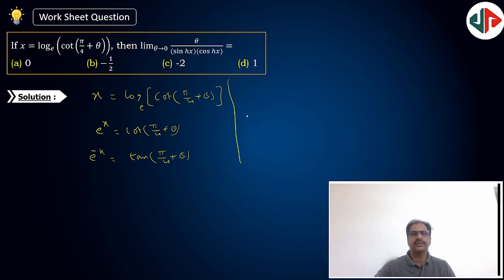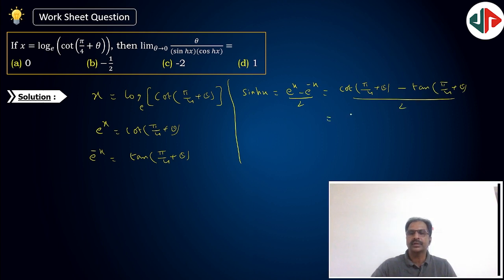And in the required limit, we require sinh x as well as cosh x. Now let us find sinh x. The definition of sinh x is e power x minus e power minus x by 2. e power x is cot of pi by 4 plus theta by 2, minus e power minus x, which is tan of pi by 4 plus theta by 2.